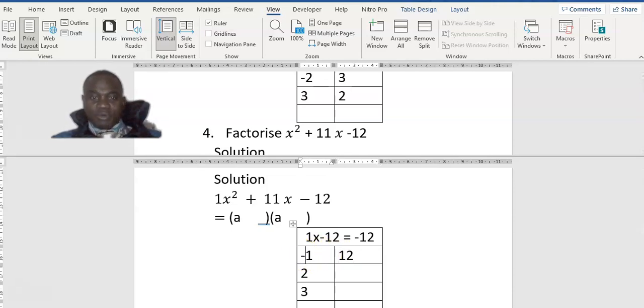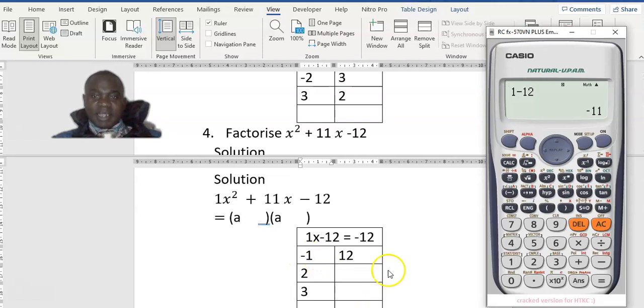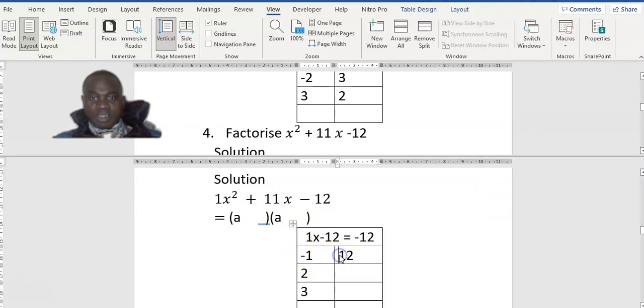Remember our second rule, we said one should be plus, one should be negative. Né? So let's check negative 1 and 12. It gives us 11. Wow, so this one satisfies. So it means one bracket will be minus and the other bracket will be what? Plus.